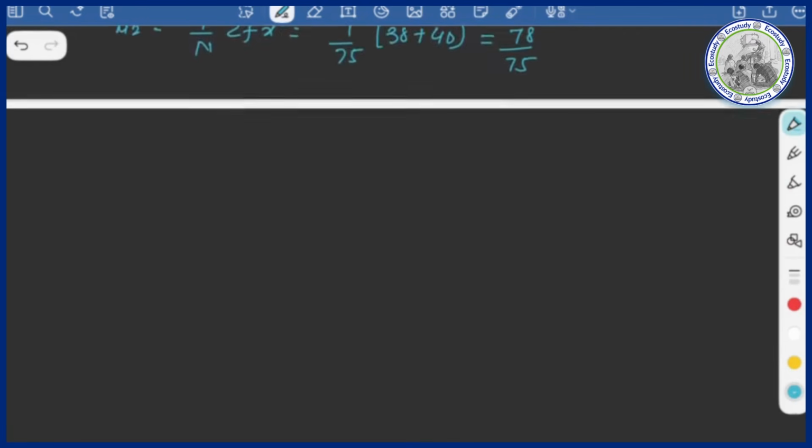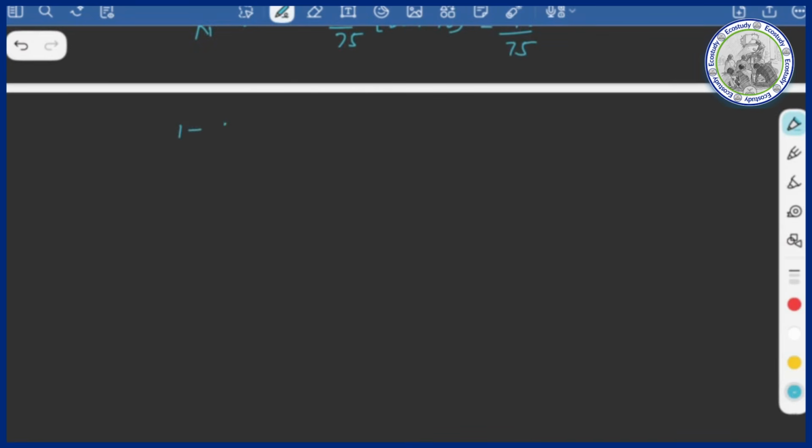See, 1 minus alpha upon 2 into 1 minus theta upon n is what? 58 by 75. From here you will estimate it. And alpha upon 2 into 1 minus theta upon n is what? 17 by 75.